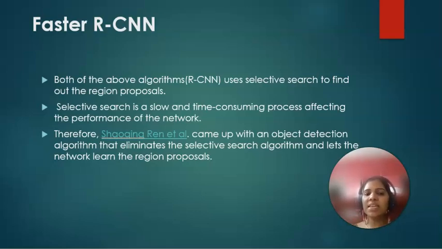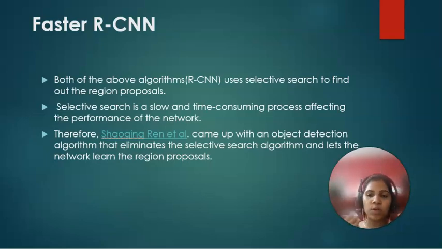Faster RCNN mitigates the time-consuming selective search by implementing a region proposal network, which learns the candidate region proposals by itself. So there is no generation of 2000 region proposals or selective search.